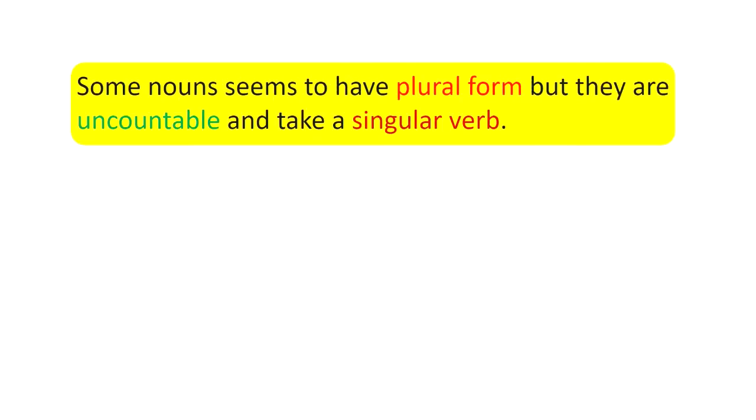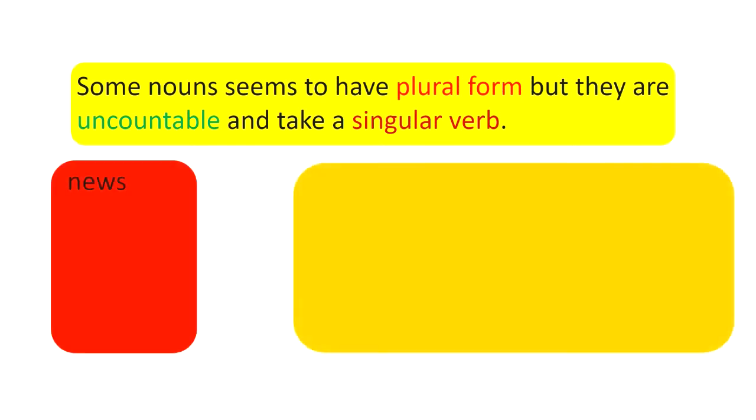Some nouns seem to have a plural form, but they are uncountable and take a singular verb. Let us see them. For example, news.